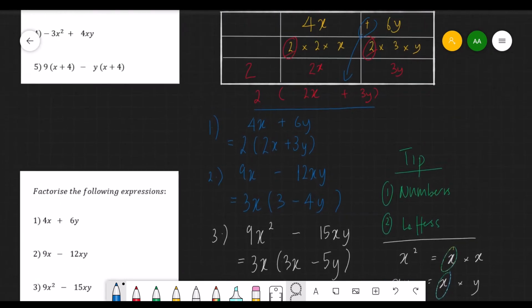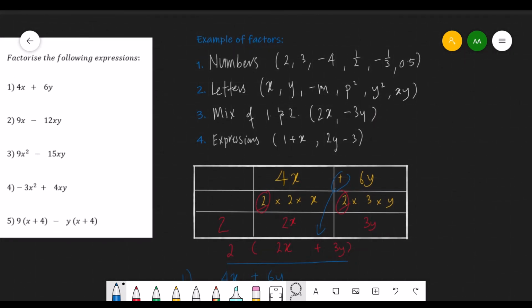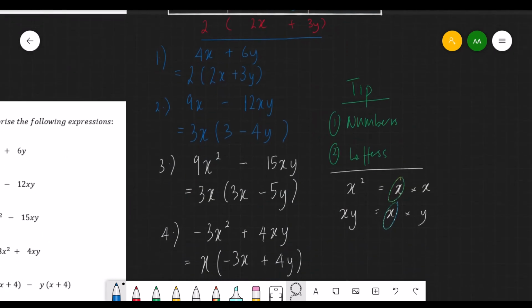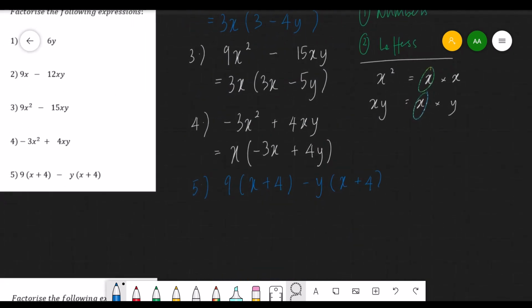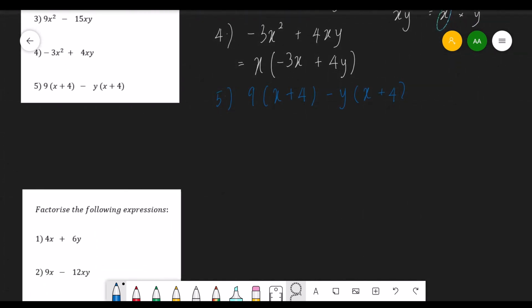We have seen numbers and letters, a mix of numbers and letters as a common factor. Now we are going to look at an expression as a common factor. This one requires us to inspect closely, and we realize that x plus 4 and this x plus 4 are common expressions.